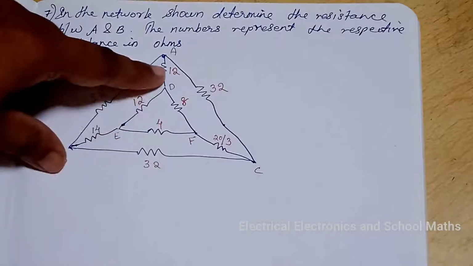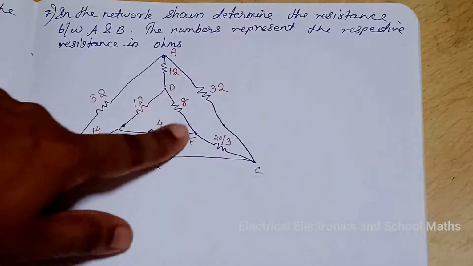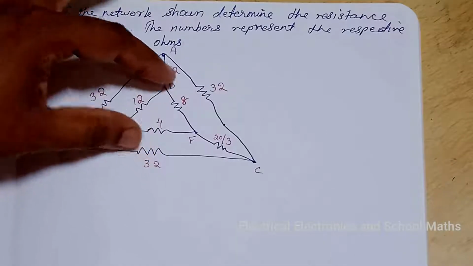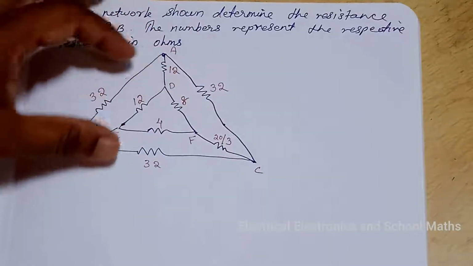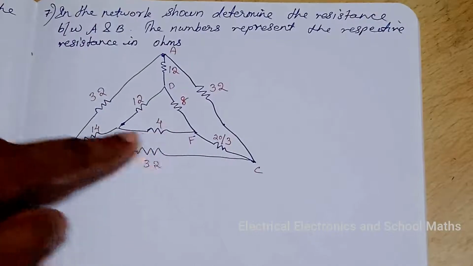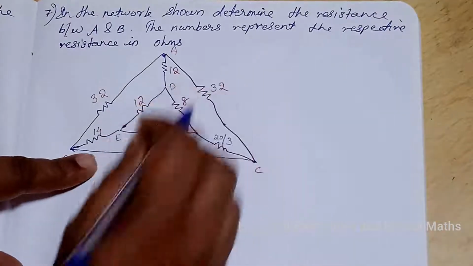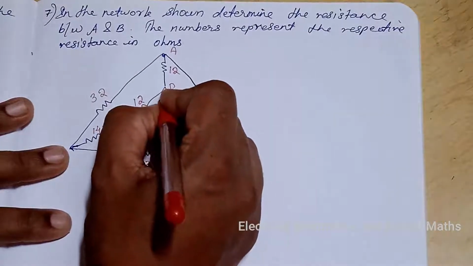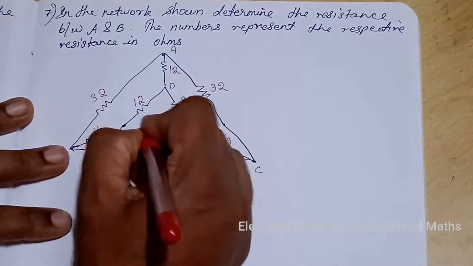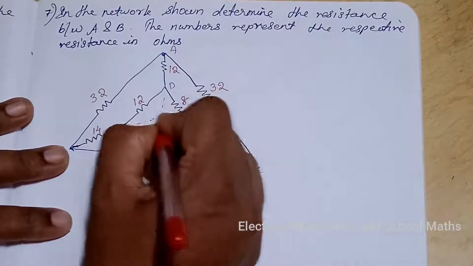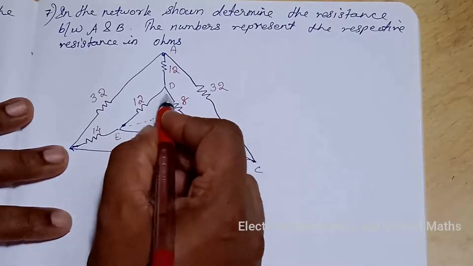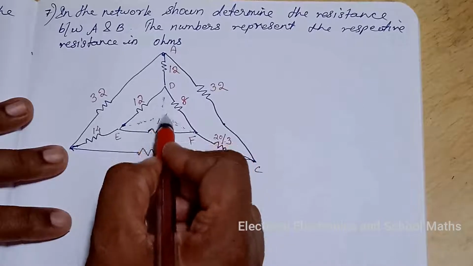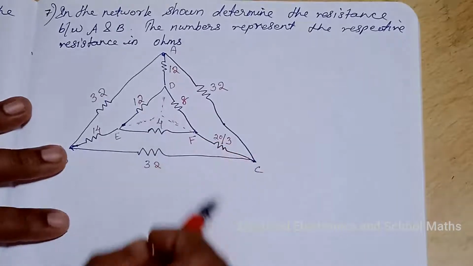Look here, there is a delta in this picture. So we can convert this delta into a star connection. That is, by converting this delta into a star, we get 3 resistances like this.